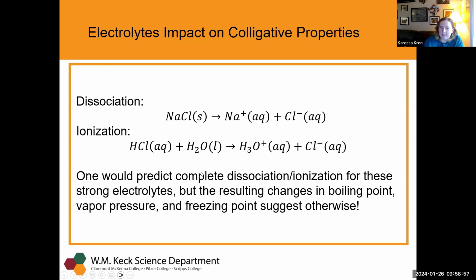So we would predict complete dissociation for these strong electrolytes. However, when we actually record the differences in boiling point, vapor pressure, and freezing point, it seems to suggest that these aren't completely dissociating. So we're not getting twice as big of a change from concentration like we would think based on the fact that it splits into 2 ions or 2 solute molecules.